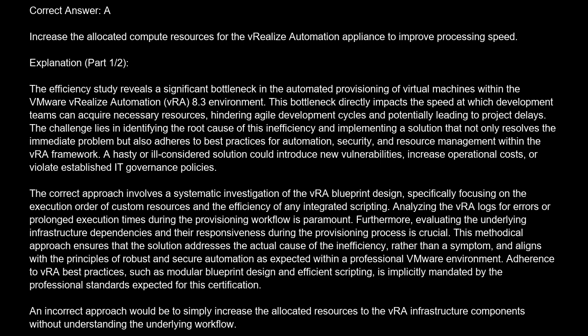This methodical approach ensures that the solution addresses the actual cause of the inefficiency, rather than a symptom, and aligns with the principles of robust and secure automation as expected within a professional VMware environment. Adherence to vRA best practices, such as modular blueprint design and efficient scripting, is implicitly mandated by the professional standards expected for this certification.